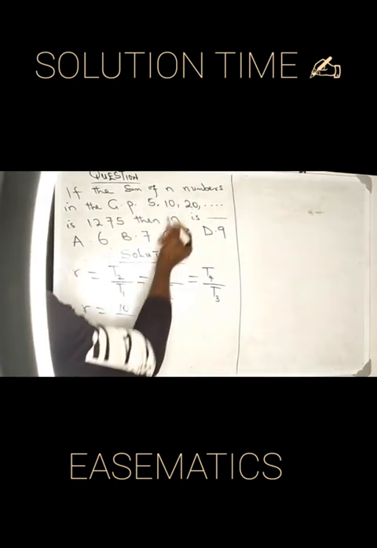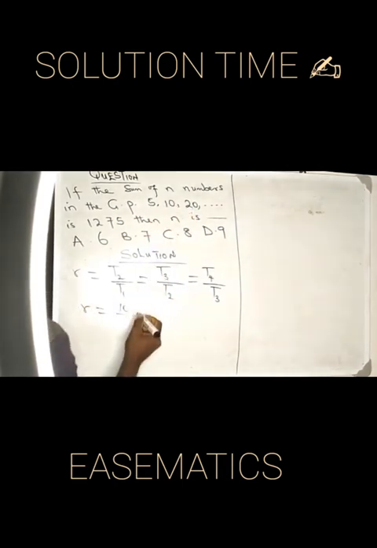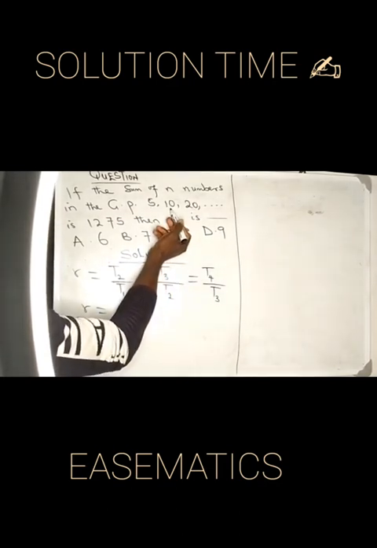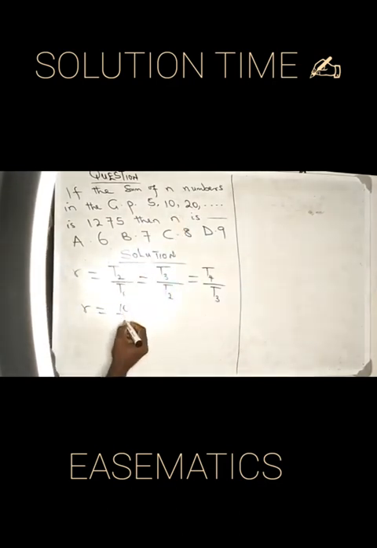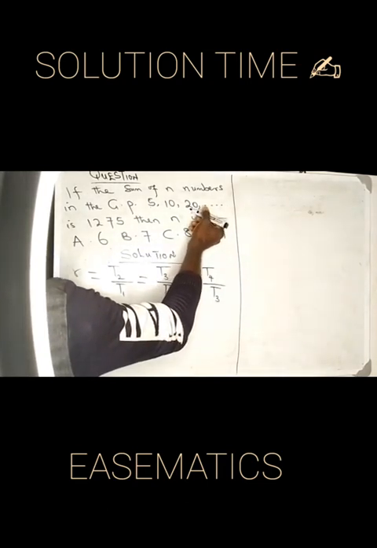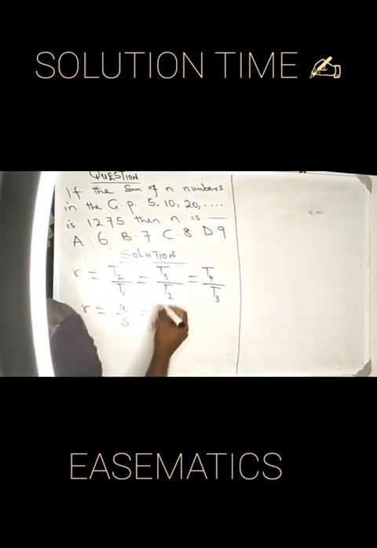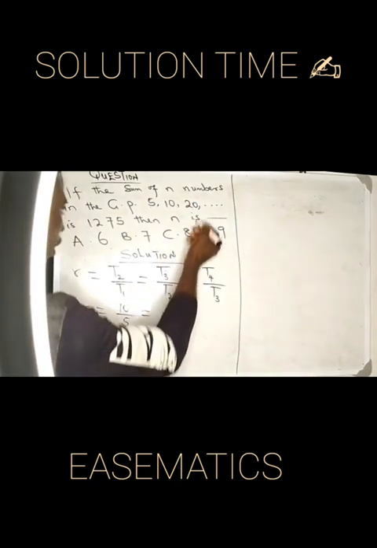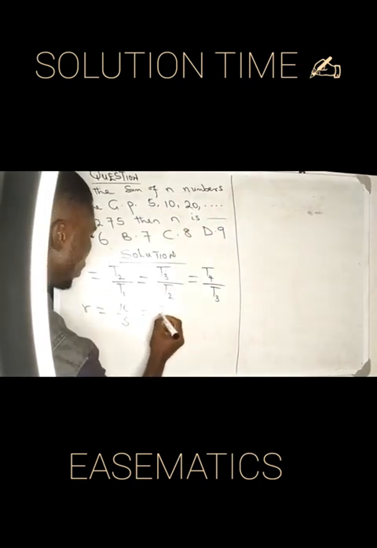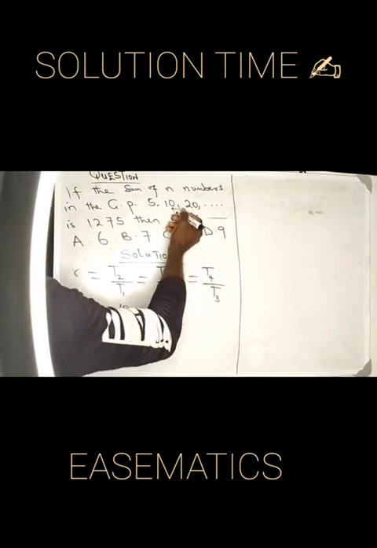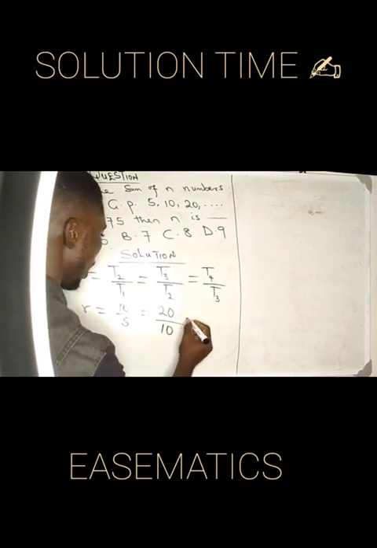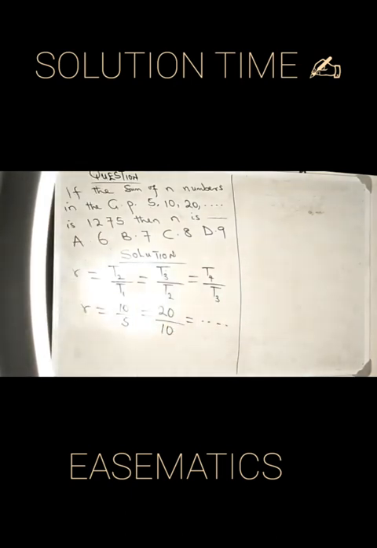So to get the common ratio, we say the second term over the first term, which is 10 divided by 5, and it gives the same value as T3 over T2, which is 20 divided by 10. The ratio continues to other terms.